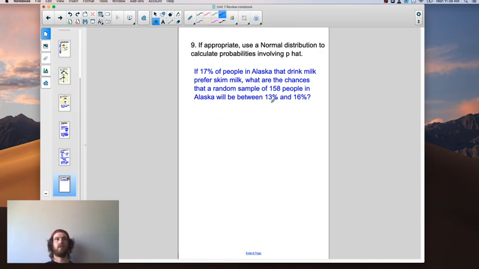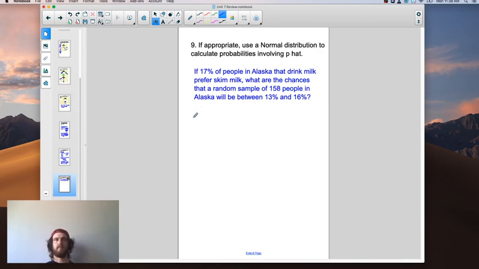Okay, so we can use a normal distribution here because our sample size is large enough. Since this is bigger than 59, we've already done our check, we're in good shape.